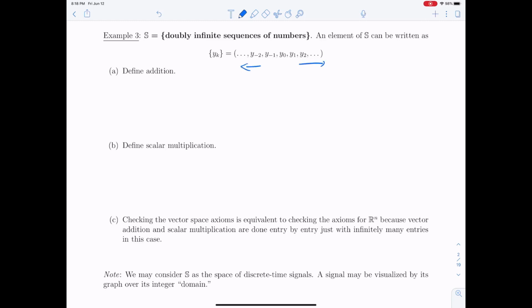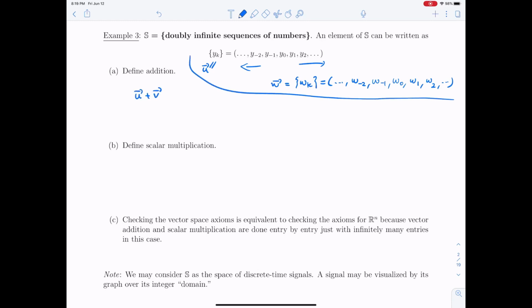So let's take two different elements, y sub k and, say, w sub k, given by w sub -2, w sub -1, w sub 0, w sub 1, w sub 2, and so on. If you set the vector u equal to this one, and w equal to that one, then how would you define u plus w?